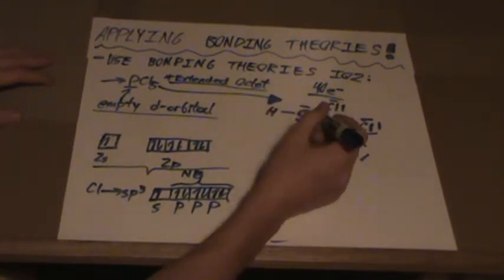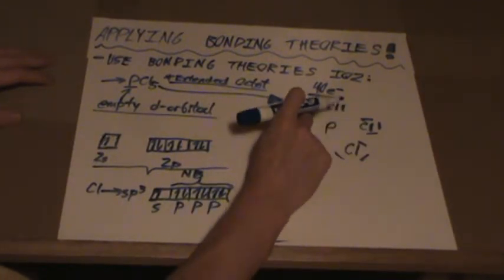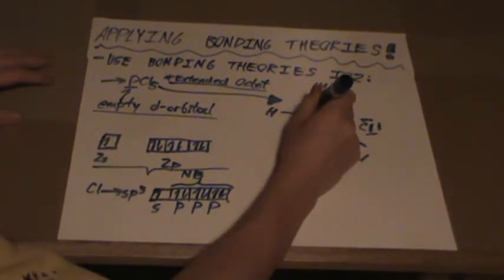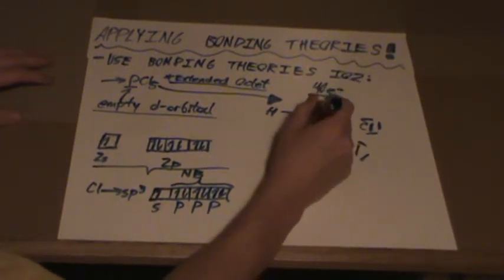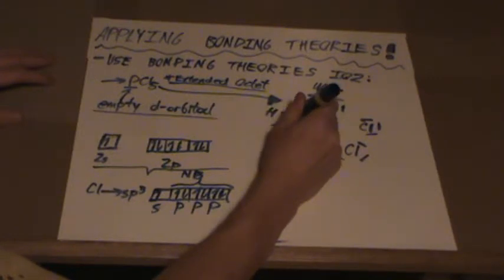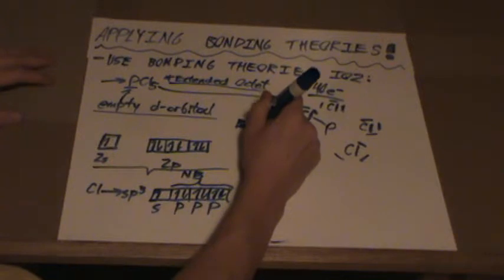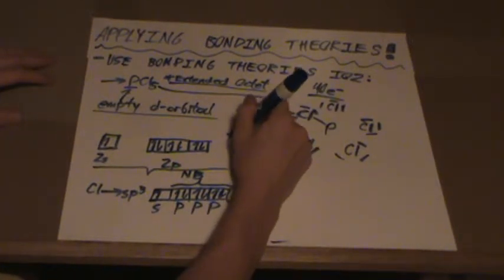If you added a hydrogen, what would actually happen here is you would have a situation where if this was bonded here, this lone pair would come up here, and this would become a bent tetrahedral.